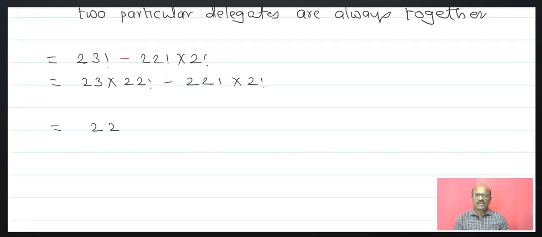Take 22 factorial as common: 23 minus 2, then you will get 22 factorial into 21.